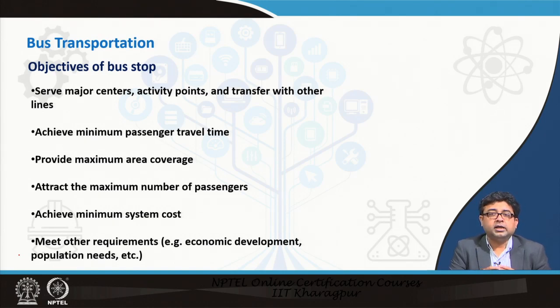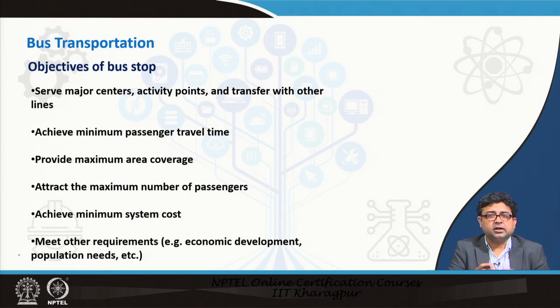So, there is a need not only to look at the demand side, right. Demand side looks at how many passengers you can attract, but you should also look at the supply side of it. How many stations can you provide without increasing the cost of operations too much, right. A station will need a lot of infrastructure. A stop will not need so much infrastructure, but would still need maybe benches, shelters.